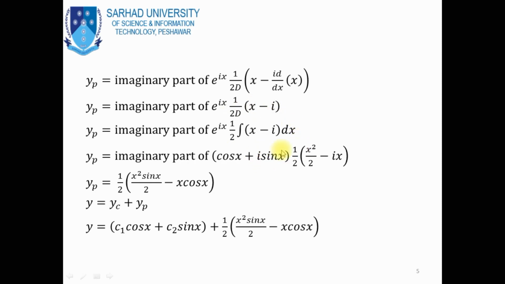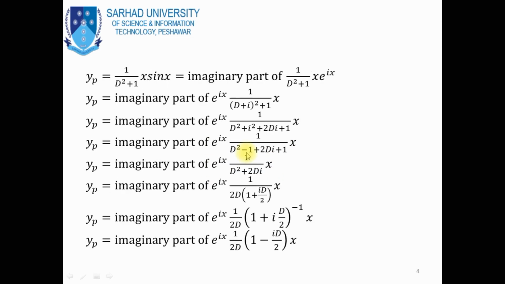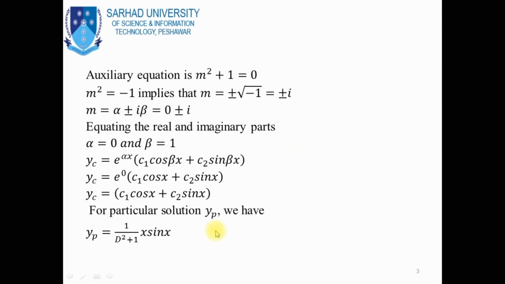So dear student, this point is very important: how to find the particular solution when a trigonometric function and a polynomial are multiplied. You see over here, one is the trigonometric function and the other is the polynomial. Then the particular solution can be written as follows.